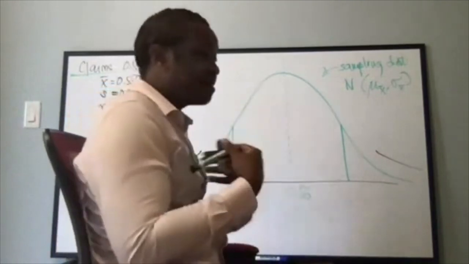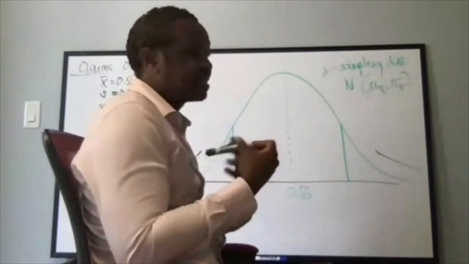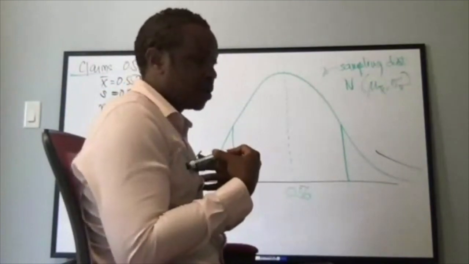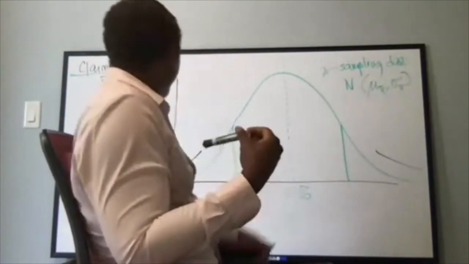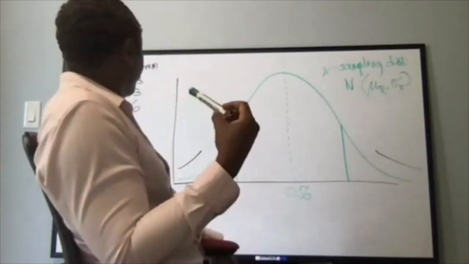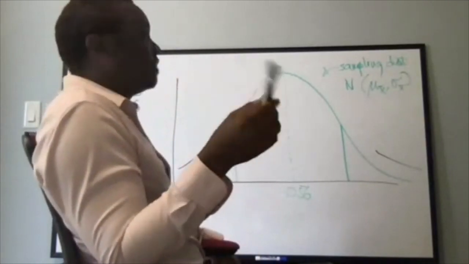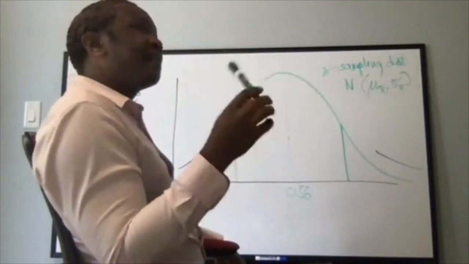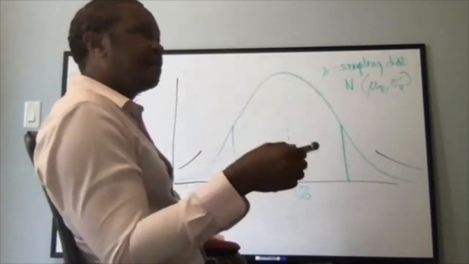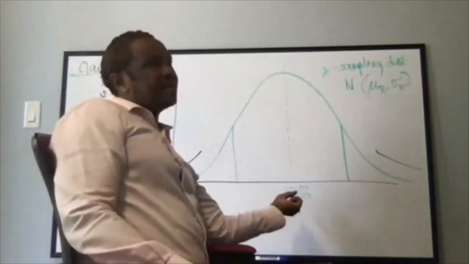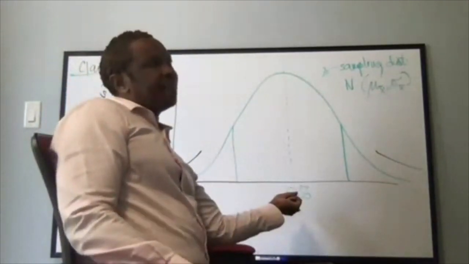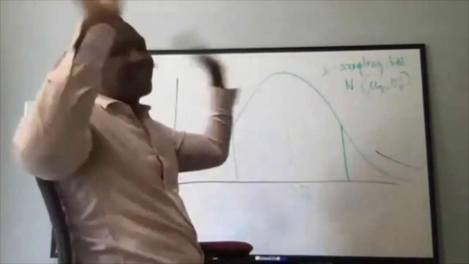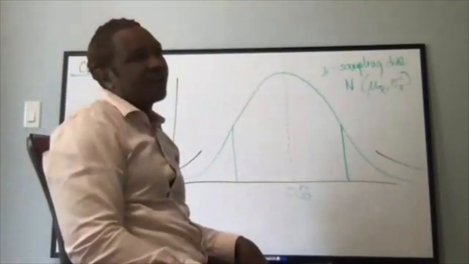We found the average thickness in our sample to be, I think it was 0.553. Yeah, we found it to be 0.553. Is 0.553 close enough to 0.56 that we'll say, it's okay. It's not that far away from 0.56.